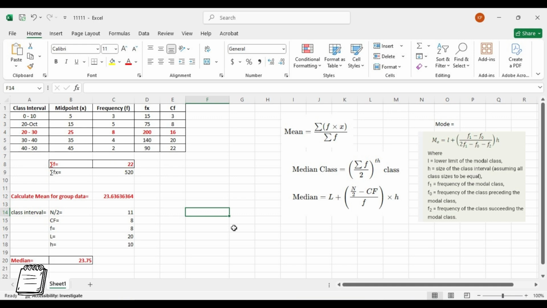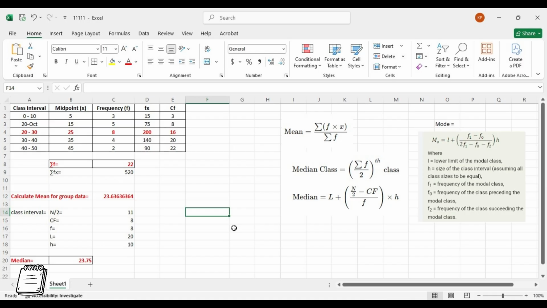F1 is equal to the frequency of the modal class which we choose. F0 is equal to the frequency of the class preceding the modal class. F2 is the frequency of the class succeeding the modal class. Okay. In the modal class, how do we select a class interval?